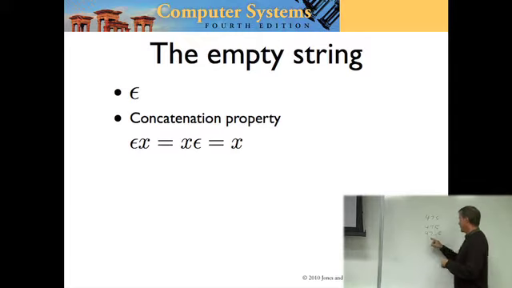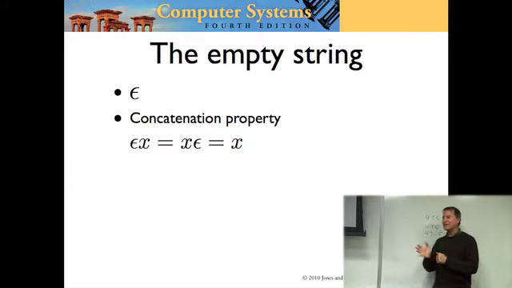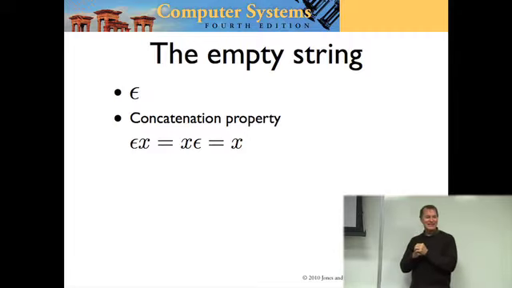We don't say 4, then a concatenation operator, then 7, then another concatenation operator, then point. We just put them next to each other. Concatenation is really an infix operator, because you concatenate one thing with another thing, but the symbol is invisible.